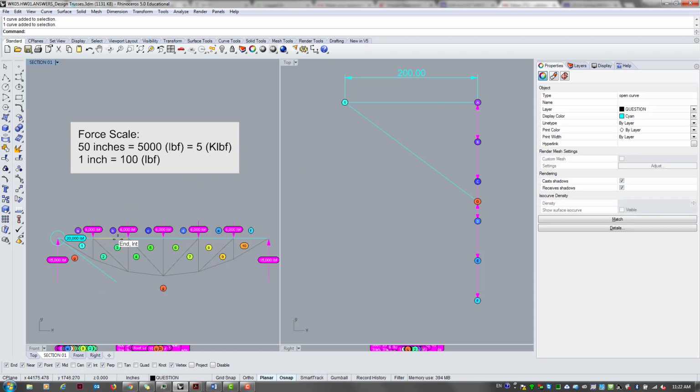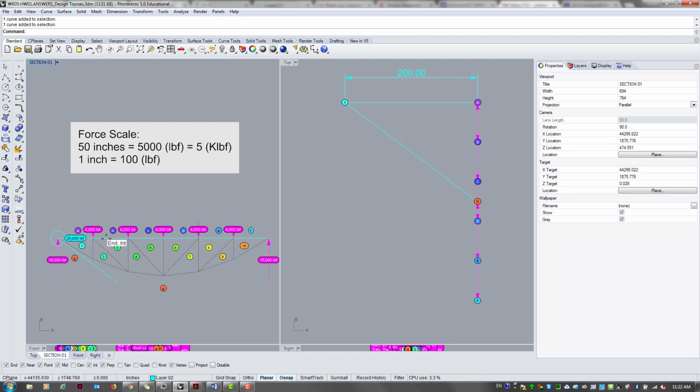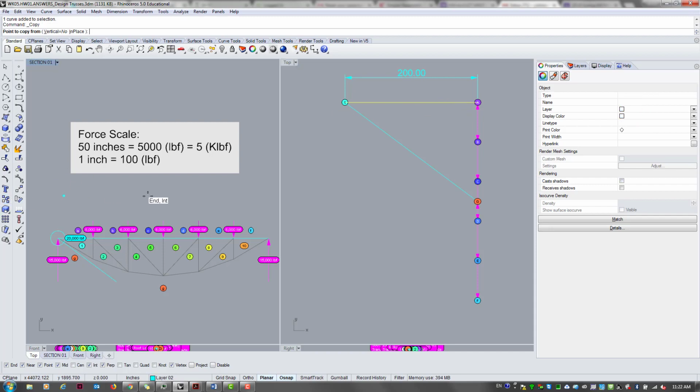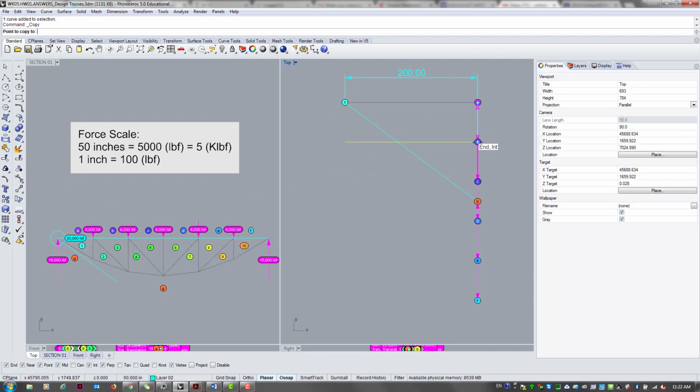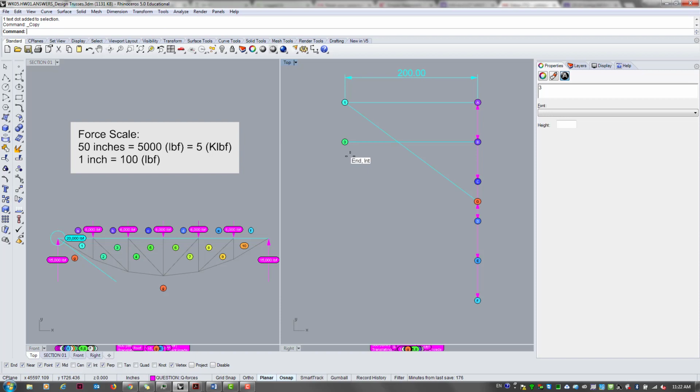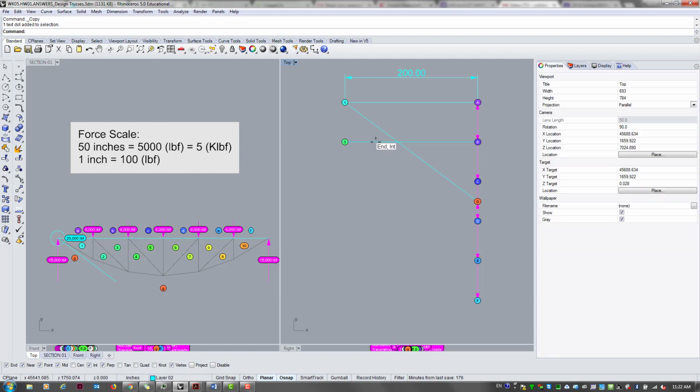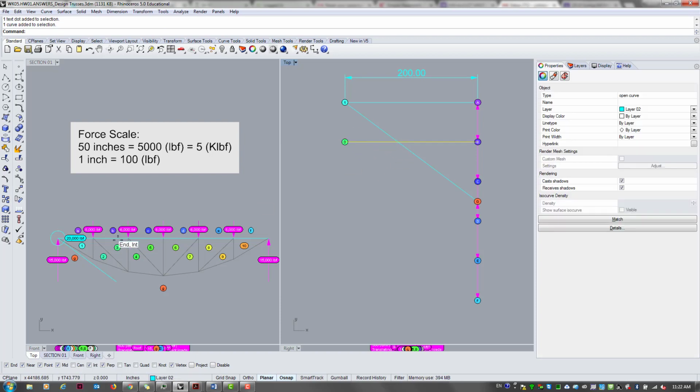Other things we know for sure is all of these horizontal ones have the same distance. So B3 has got to be a horizontal line, and it's got to have the same length. So B3 we can draw from point B and call the end point of that 200-inch line 3.